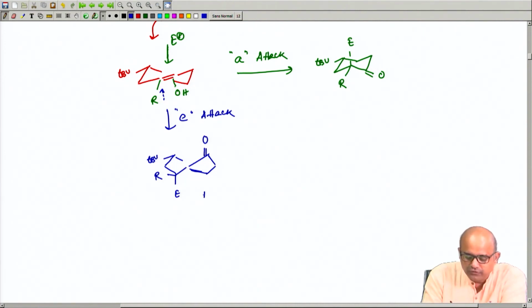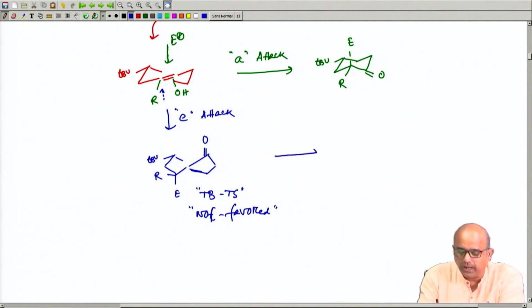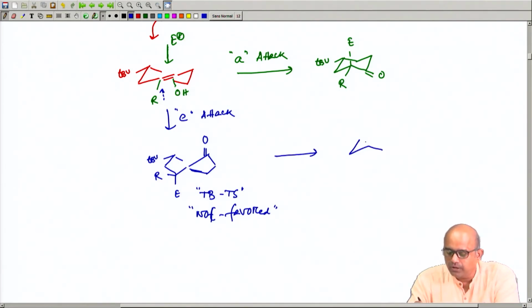Now, this twist boat TS is energetically not very favorable, not favored, because twist boat is a very strained intermediate. So, if this has to be the approach, what will we get as the main product?